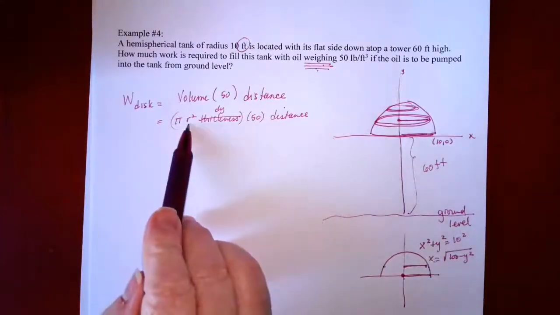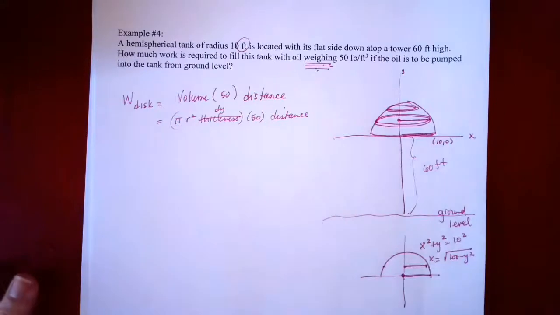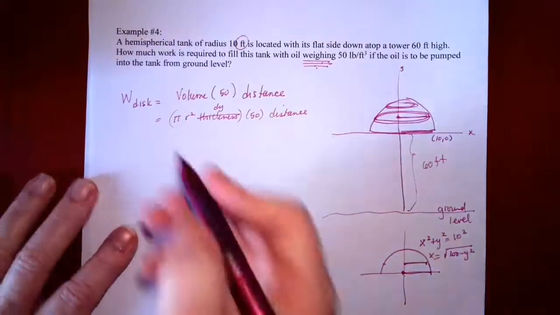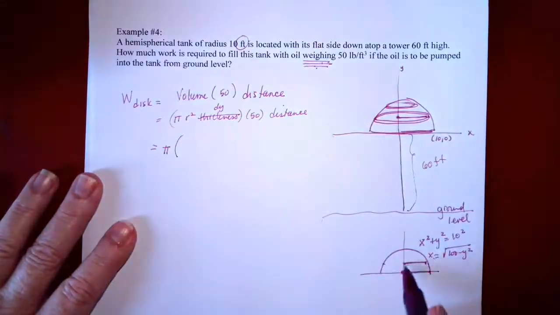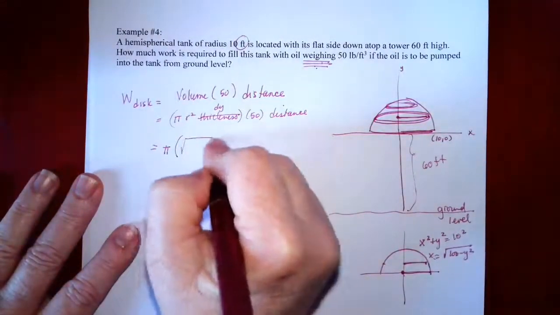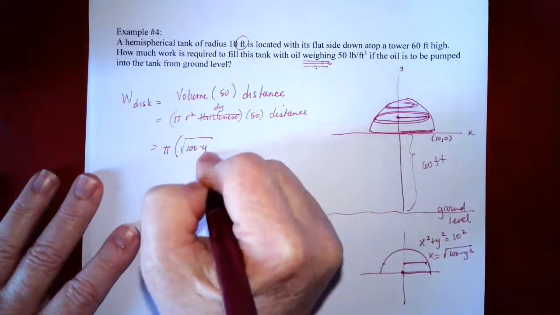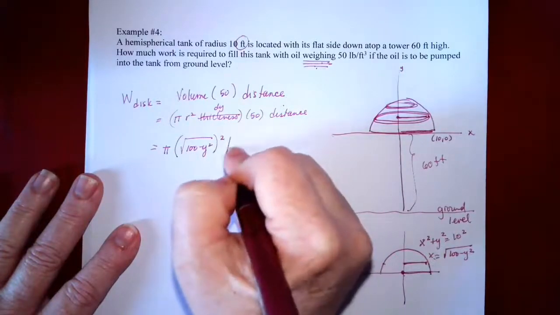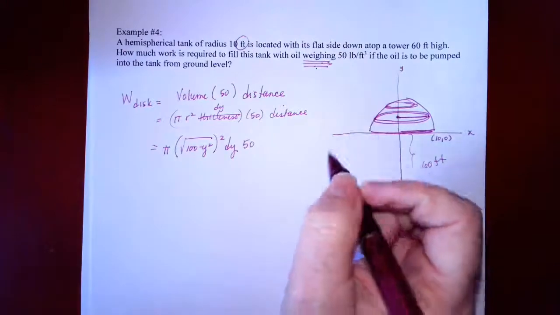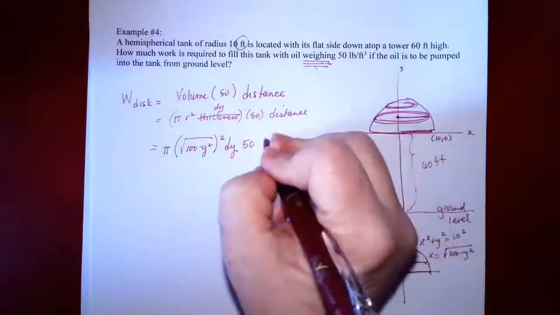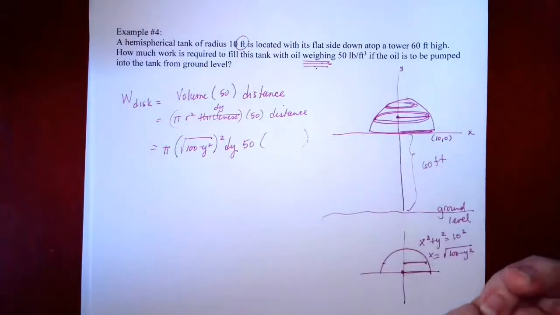I'm going to square it anyway, so we'll get rid of the negative. But we would have pi times the radius squared times the thickness times the weight per unit of volume times the distance that it has to travel.